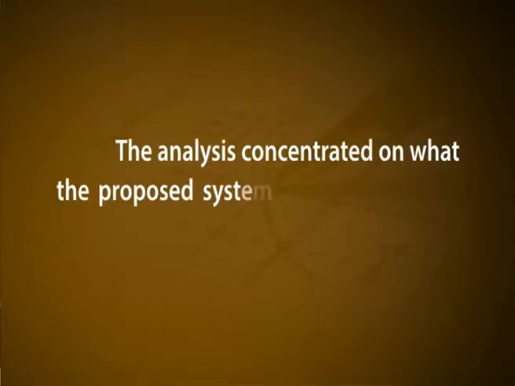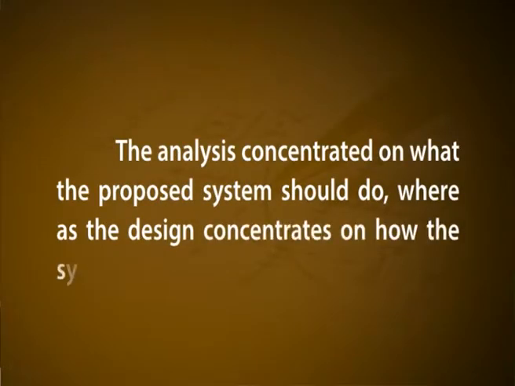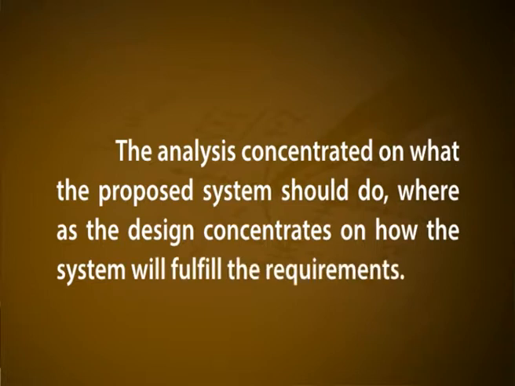Design. The analysis concentrated on what the proposed system should do, whereas the design concentrates on how the system will fulfill the requirements. At this phase, detailed plans according to the requirement specifications are developed. The result will be diagrams and models of the proposed system with different levels of detail.